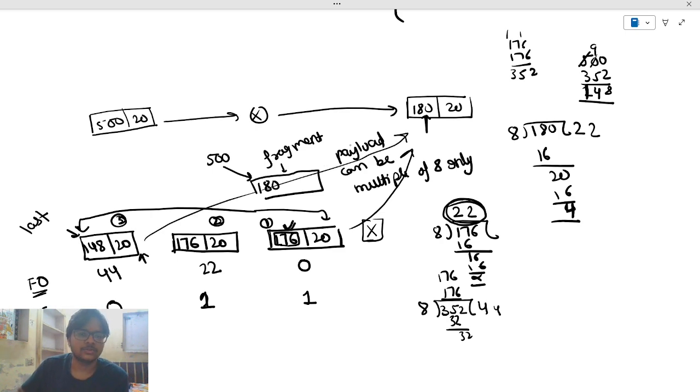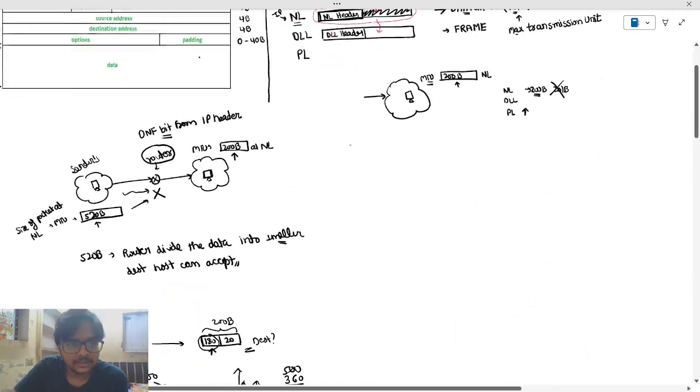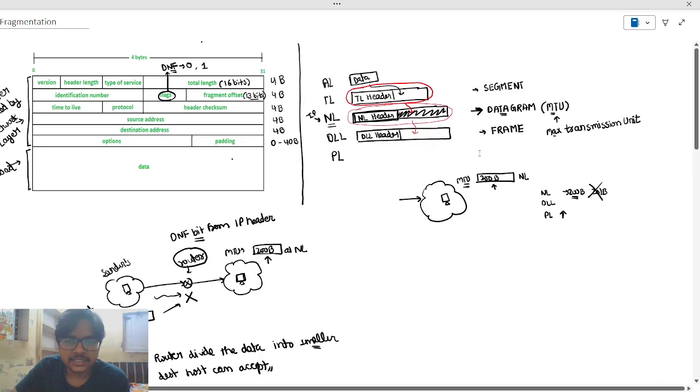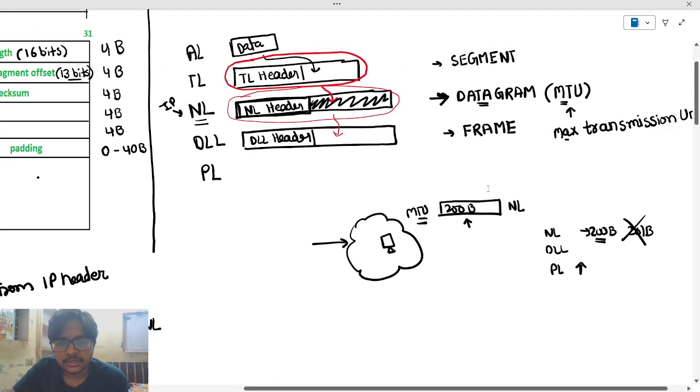So this is how a router basically divides your whole packet into multiple fragments so that the target network can accept your packet. And please remember that the MTU means the total size of the packet that is generated by the network layer.